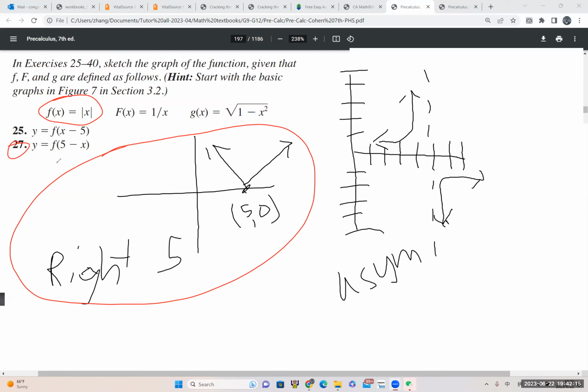This means asymptote x equals 5, y equals 0.